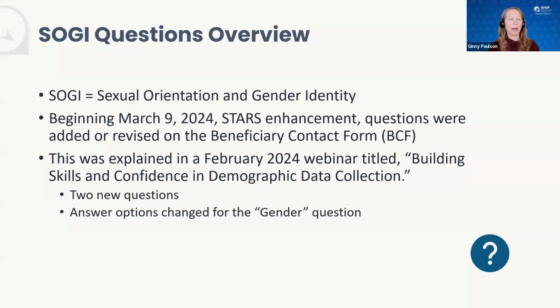This has been talked about in several webinars, especially in February 2024, in a webinar that was recorded and available to you on our website called Building Skills and Confidence in Demographic Data Collection. On the STARS form, there are 2 new questions, and then the answer options change for the gender question.